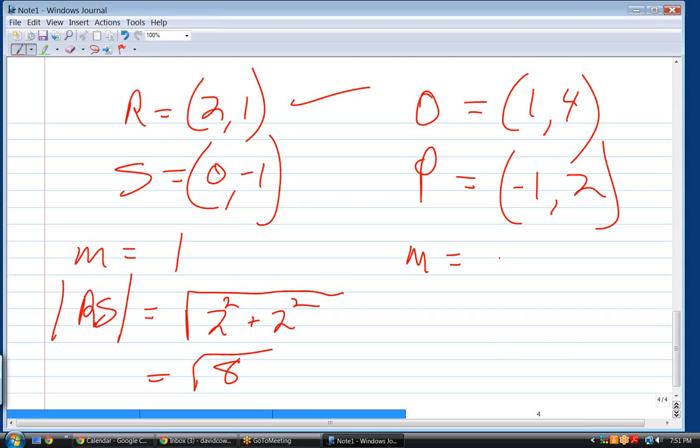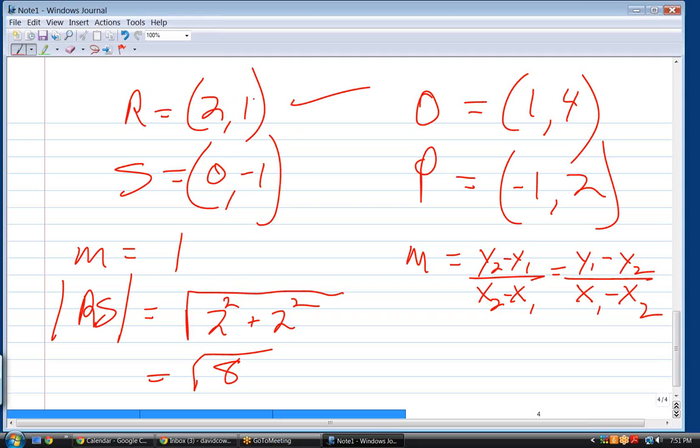In other words, slope is not just y sub 2 minus y sub 1 over x sub 2 minus x sub 1. It can also be y sub 1 minus y sub 2 over x sub 1 minus x sub 2. You can go in whatever order you want. It doesn't change it as long as you're consistent.